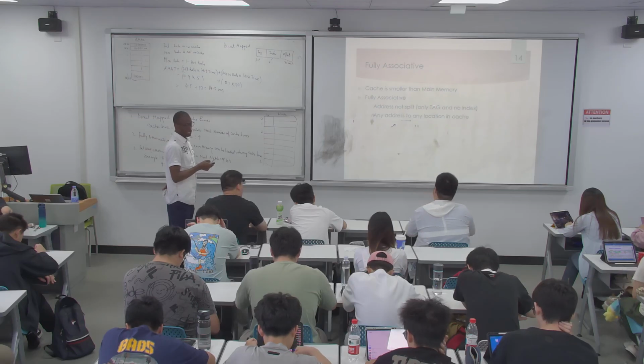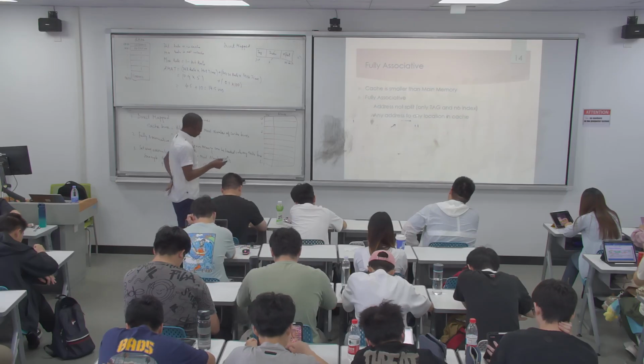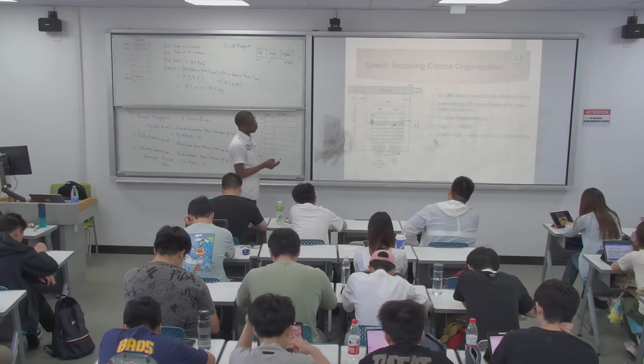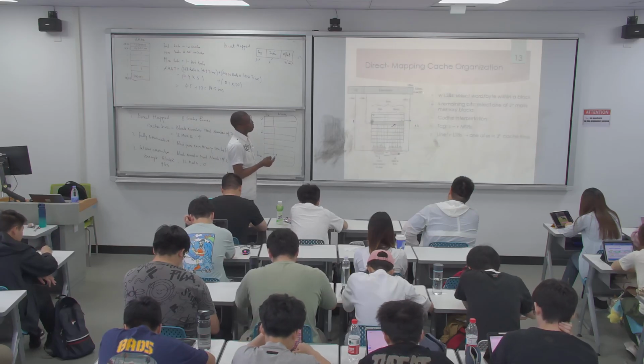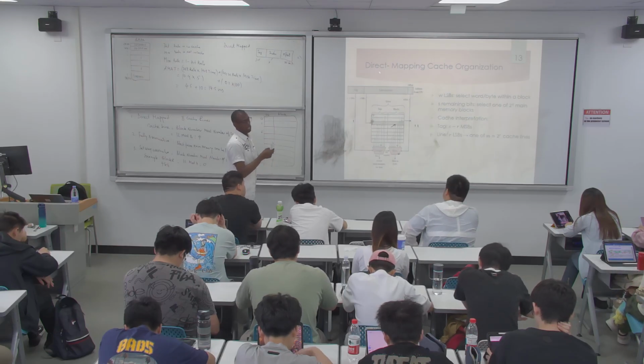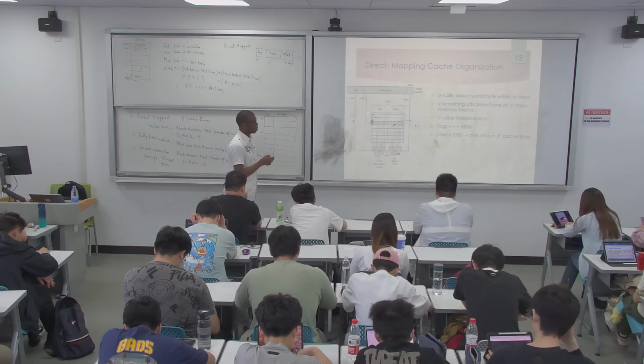We don't know which cache line the block from the main memory will be loaded into. But for the direct mapped caching technique, we have the tag and also the index, the line number, because each block from the main memory needs to be loaded into a specific cache line. That's why we need the index.